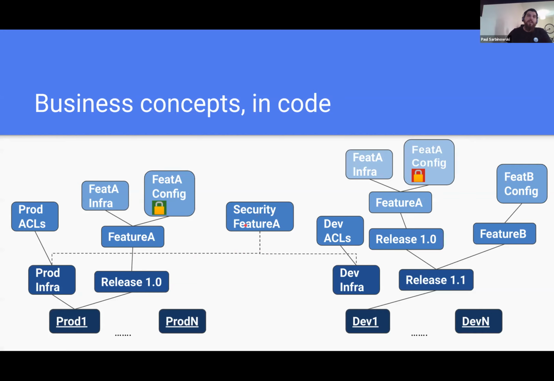If you inherit this class high enough on the list, for example, in common, you can make sure that it's inherited in all of your targets. And so when I mentioned business logic here, I meant that when your developers want to test a new release, they can easily test it on dev, and then all they have to do, for example, for the staging environment, is change one class name to release 1.1 instead of 1.0, and that will be inherited in all of the staging environments.